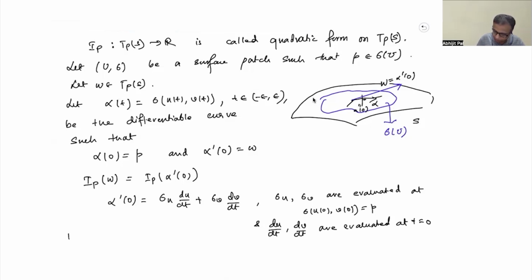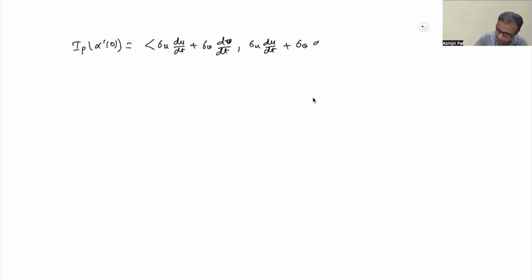Now, from the definition of IP of alpha prime(0), this is equal to the inner product of alpha prime(0) with alpha prime(0). Therefore, IP of alpha prime(0) is equal to the inner product of sigma_u du/dt plus sigma_v dv/dt with sigma_u du/dt plus sigma_v dv/dt.